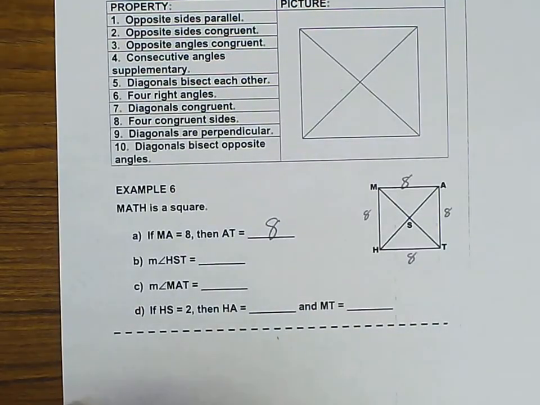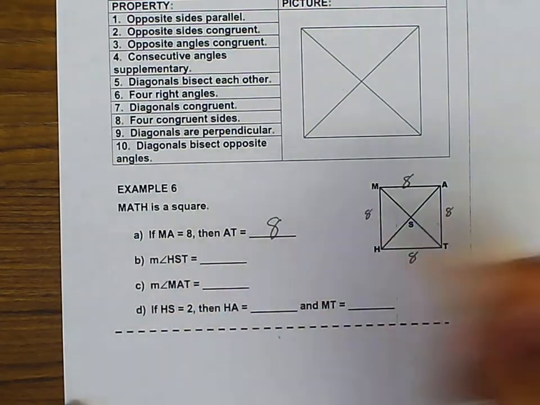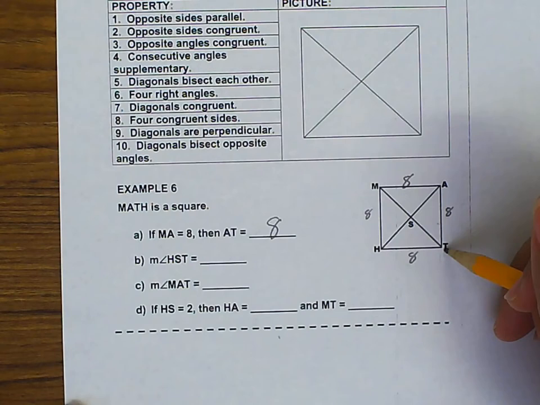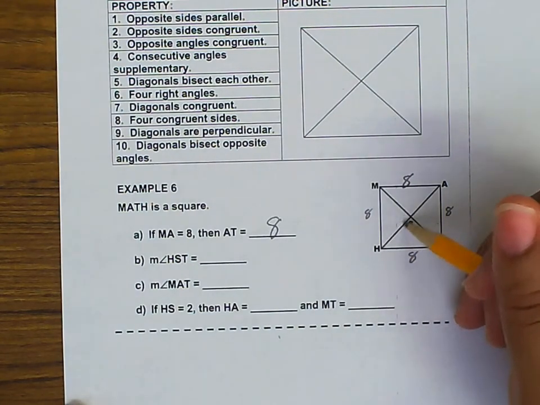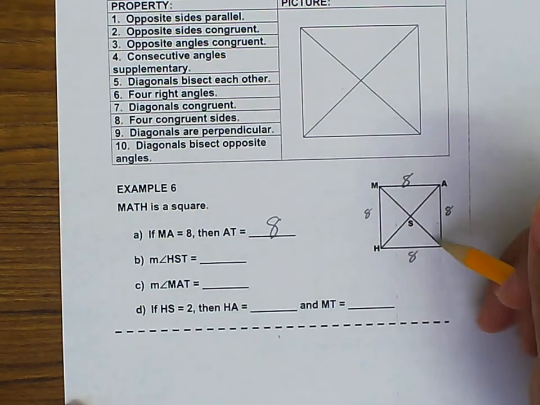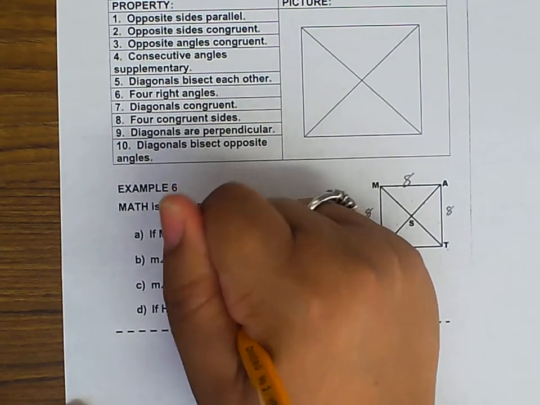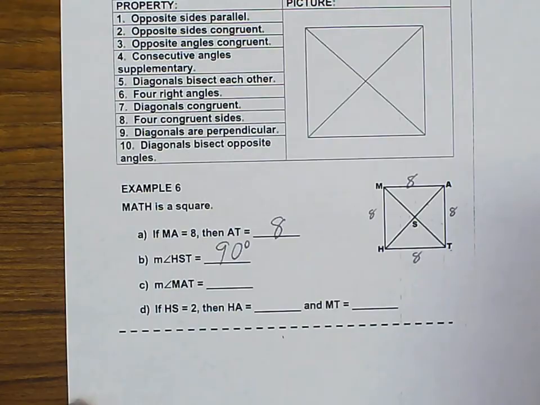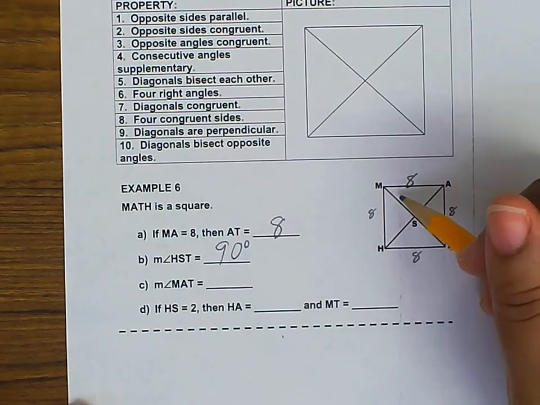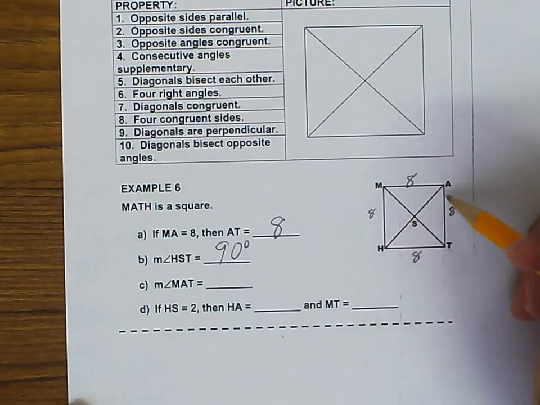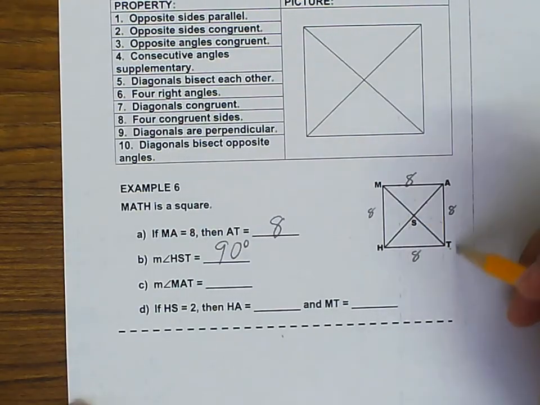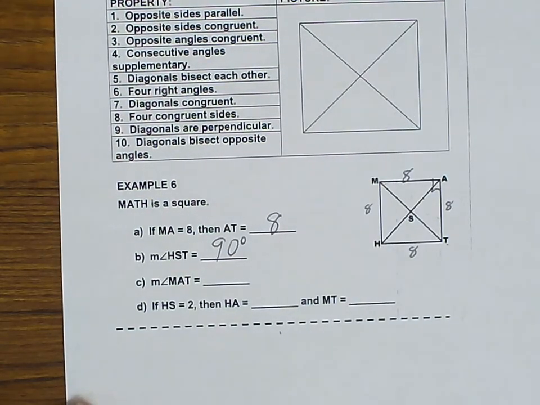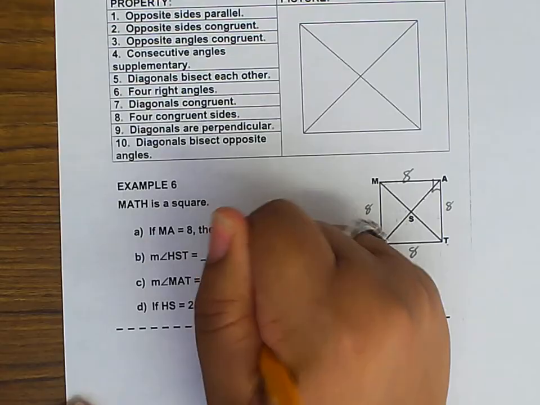All right? It's the measure of angle HST. Well, we already know that these are bisecting, so these have to be 90s. All right? And then the measure of MAT. Well, right here, if we go to the properties, we know those are also 90.